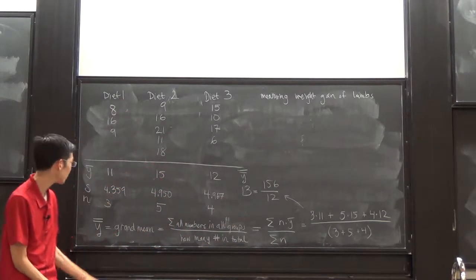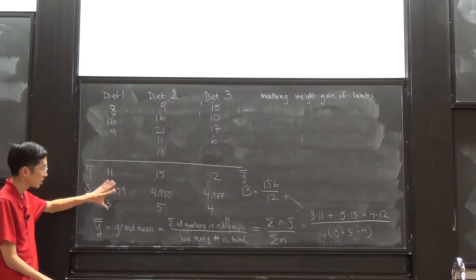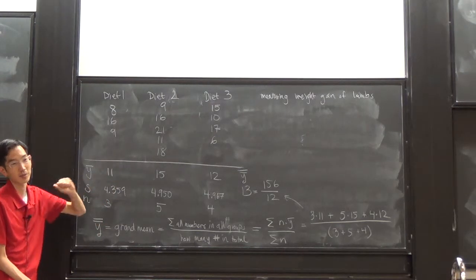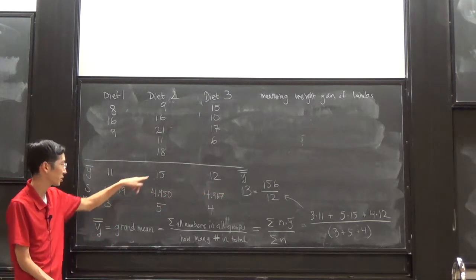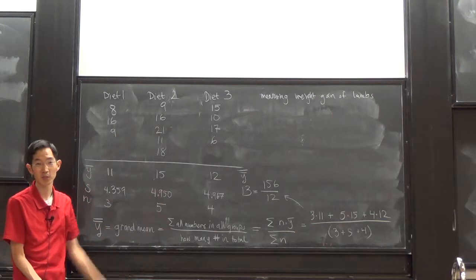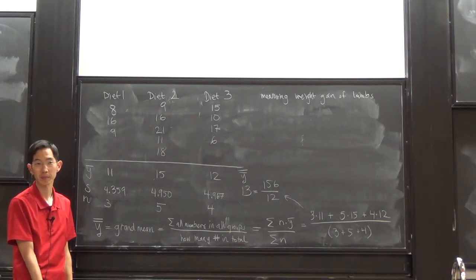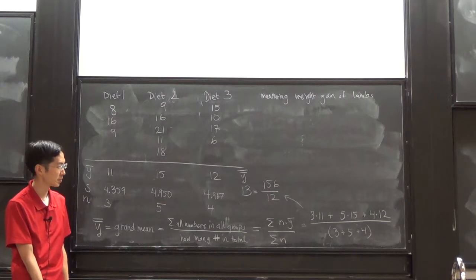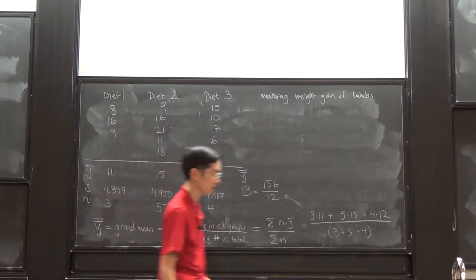Okay? So if you're only given the mean and the number of people, you can reverse calculate the grand mean by doing 11 times 3, 15 times 5, and 12 times 4, and then adding that up and dividing by 12. Is that okay?